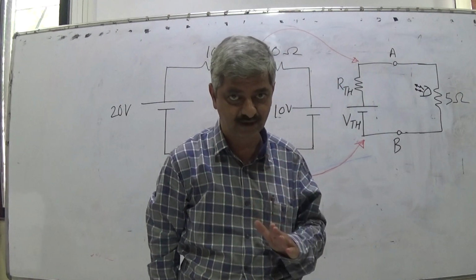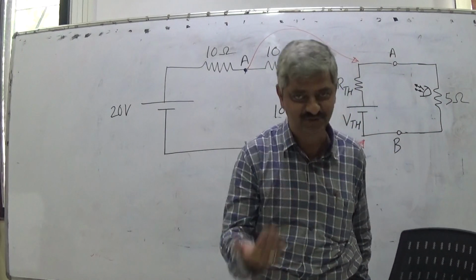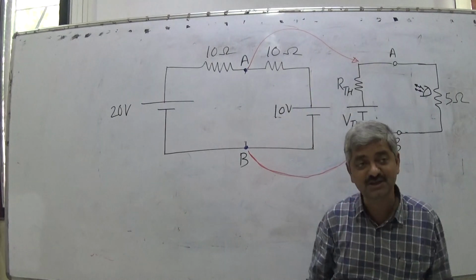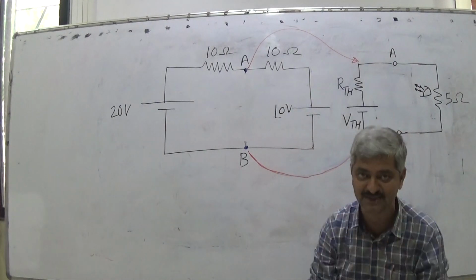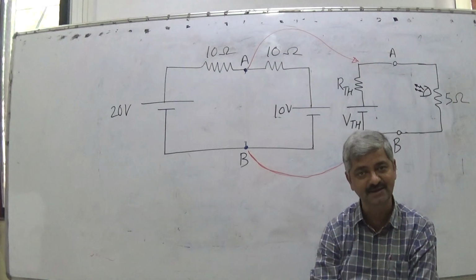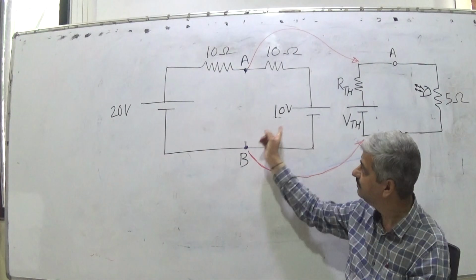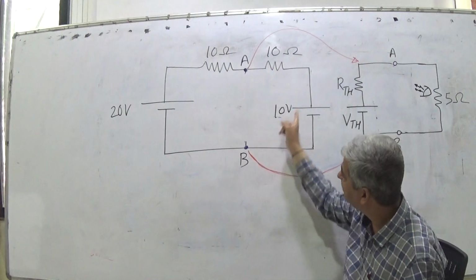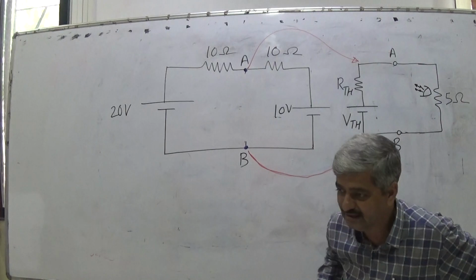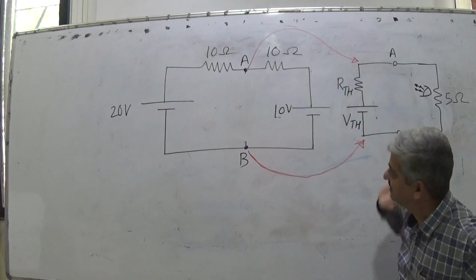So Thevenin tries to find out, studying Thevenin's theorem is comparatively easy, but we are not studying Thevenin's theorem, we are developing Thevenin's theorem. That is important. So Thevenin tries to find out whatever complex effect is produced because of these multiple sources and multiple resistances, and tries to produce it by a single source and a single resistance.